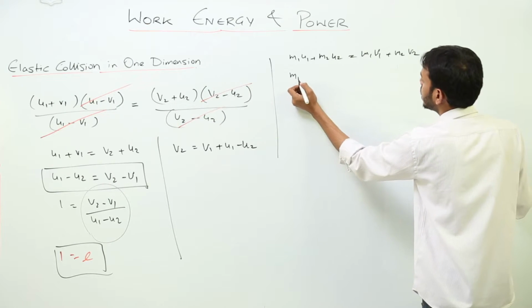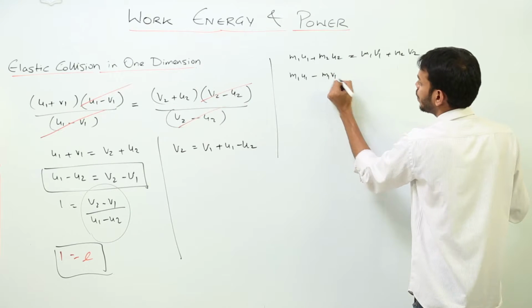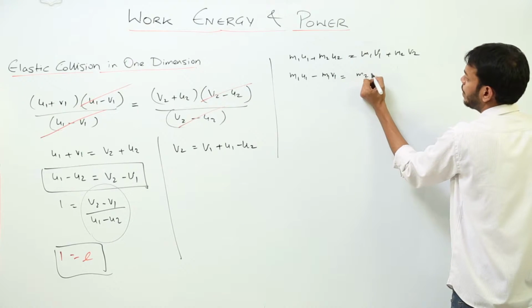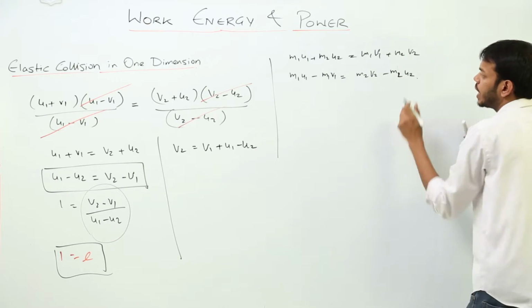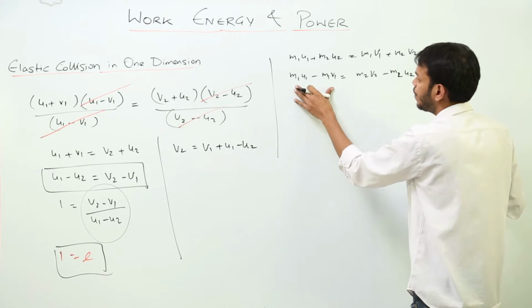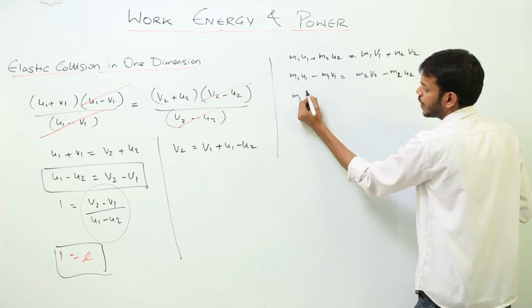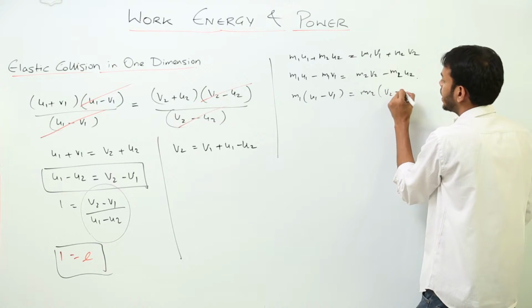So m1 u1 minus m1 v1 is equal to m2 v2 minus m2 u2. In this equation, I took m1 common, and then we were left with u1 minus v1, which is equal to m2 (v2 minus u2).